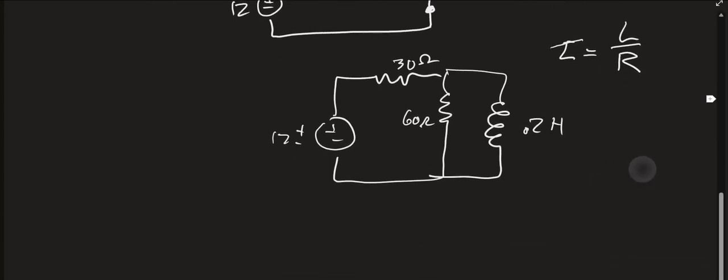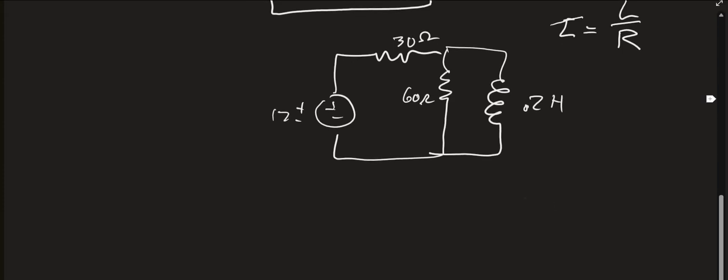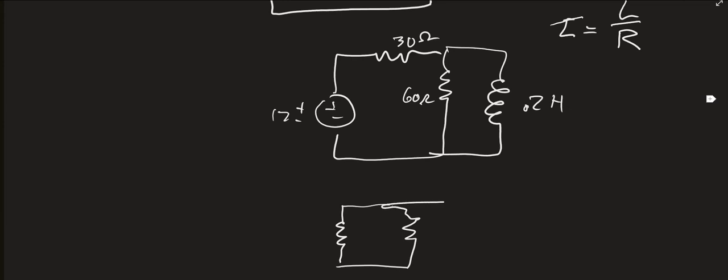So we have to get the resistance as seen by the inductor for this circuit. So when I look at this circuit, to get the resistance, I short out the voltage source. And I can see from the point of view of the inductor, the 30 ohm resistor and the 60 ohm resistor are in parallel.